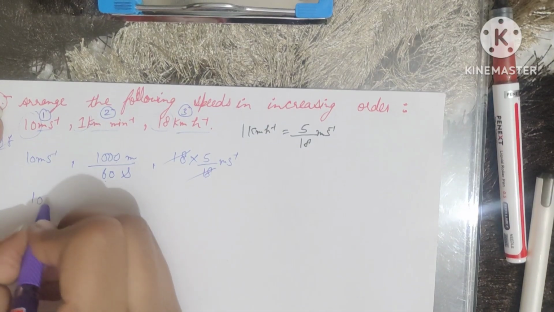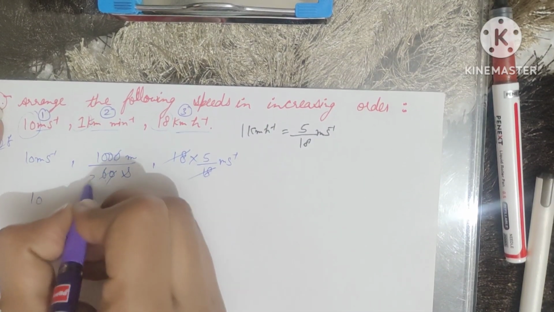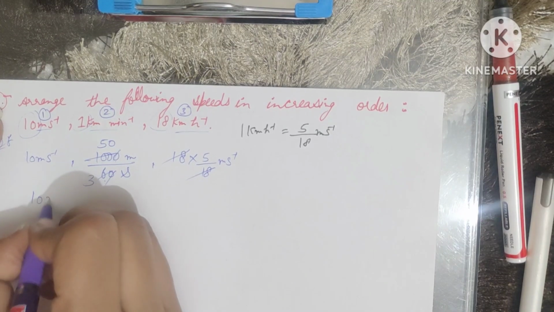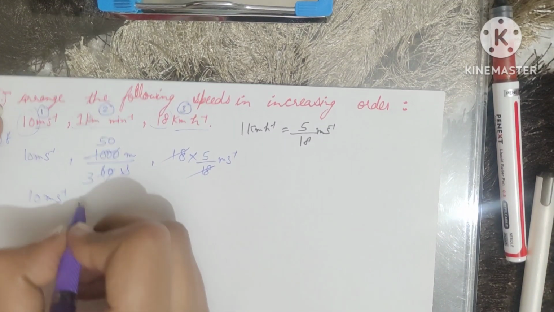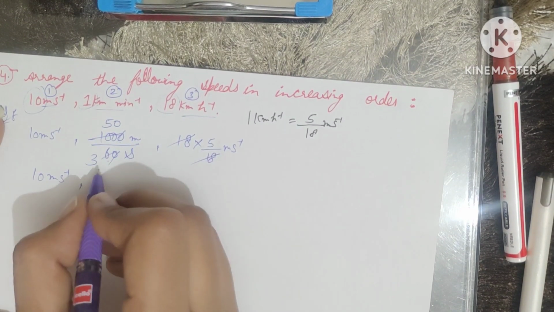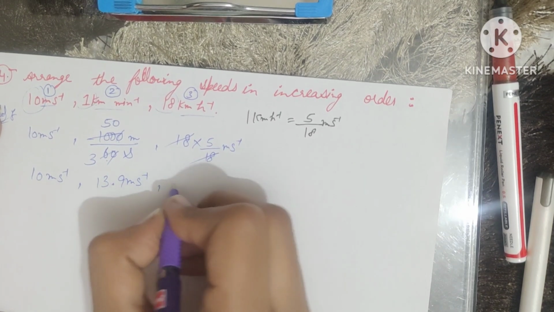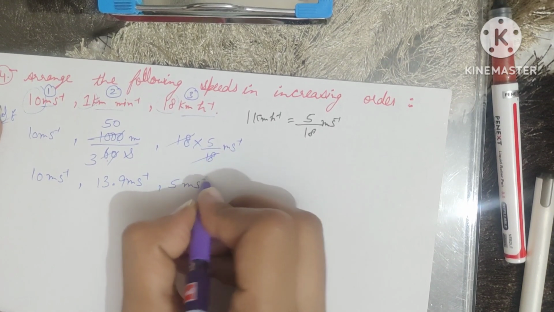I will get this. Meter per second after cutting these two, that is 13.9 meter per second and 5 meter per second.